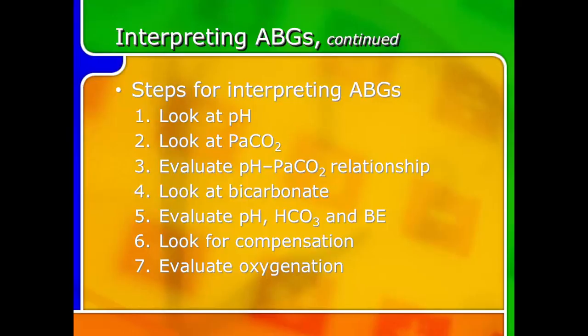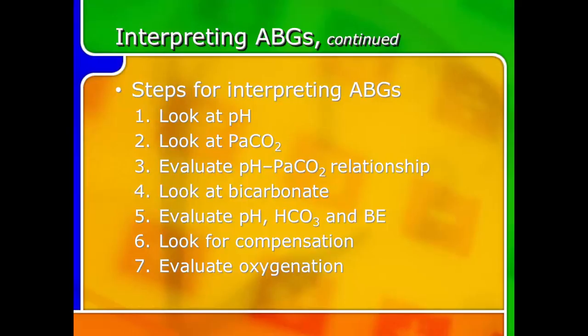You can look at the pH and PaCO2 relationship to see if they're the same or opposite. You also look at the bicarbonate level, and then you evaluate that as well. You also look for compensation, which is you're looking to see if you have changes in not only your carbon dioxide, but your bicarbonate as well.